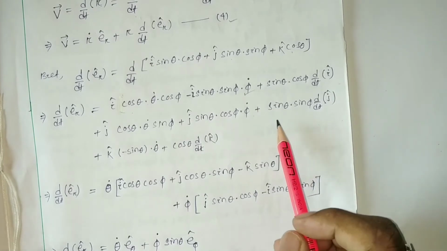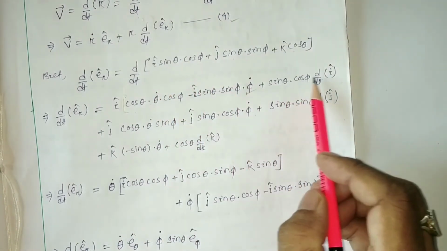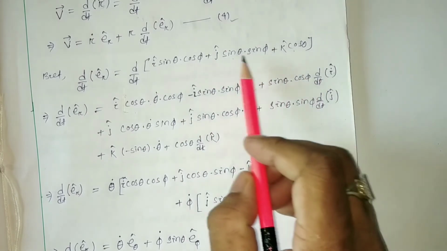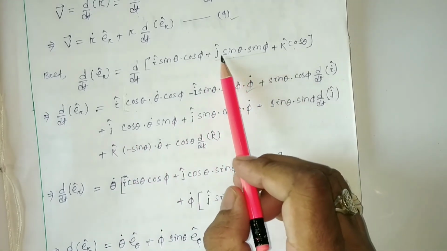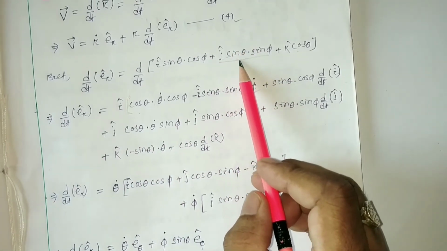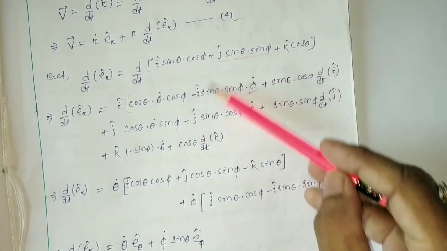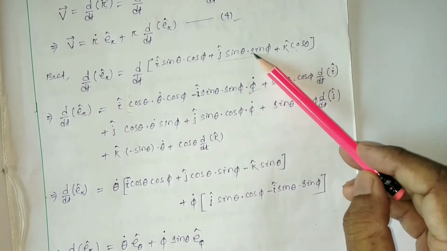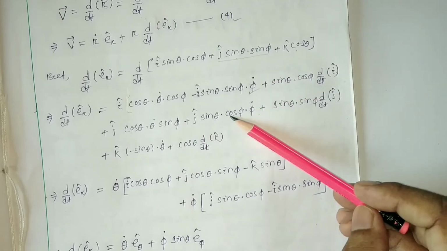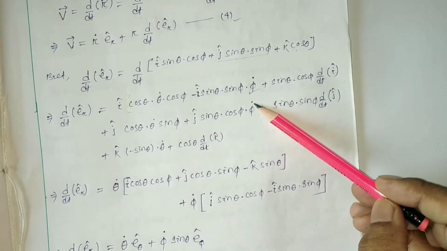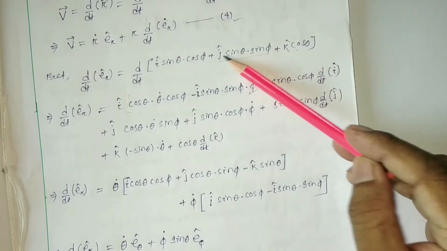Next we have to consider the differentiation of i cap: sin theta cos phi d by dt of i cap. Now we have to consider the second one, the j cap: differentiation with respect to t of sin theta cos theta into theta dot sin phi, then j cap sin theta, sin phi differentiation with respect to t, that means cos phi into phi dot, plus sin theta sin phi d by dt of j cap.